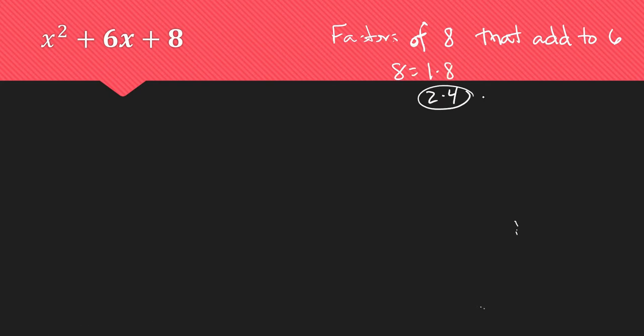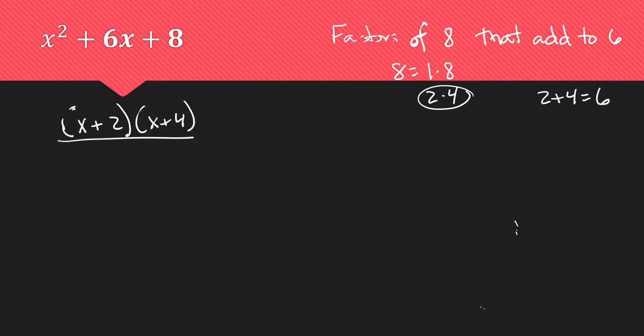I hope you see that the 2 times 4 are going to be the numbers that when I add them, I will get 6. So they multiply to 8, they add up to 6, 2 and 4 are the numbers I want, and all I have to do is put them into x plus 2 times x plus 4. And those are my factors. If I want to check, I can always multiply.